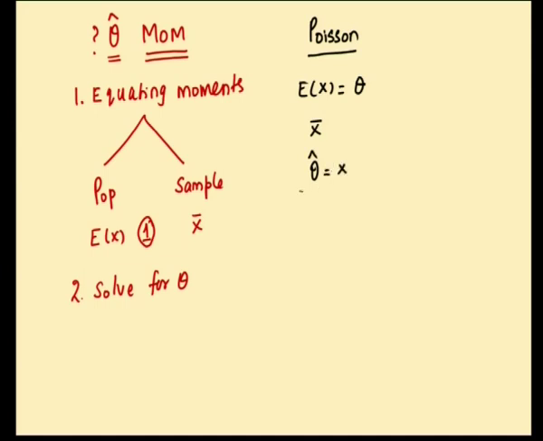This is what we observed earlier. It is a very simple example to visualize the sample mean and population mean. The first moment for the Poisson distribution is θ, the sample mean is generally referred to by x bar, and the second step is simply to equate them directly. But not all the time do we have such comfort.